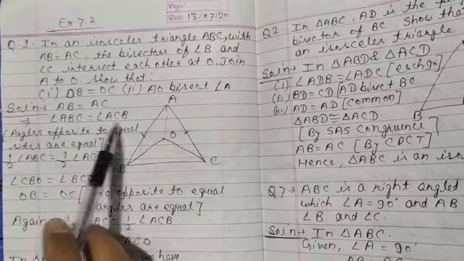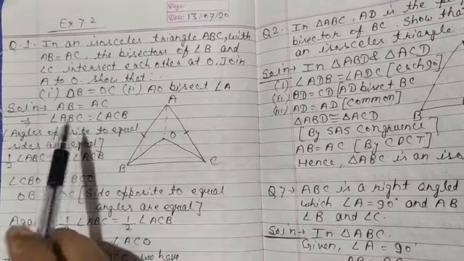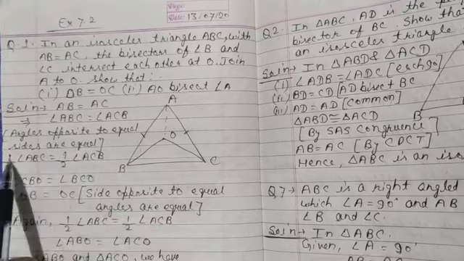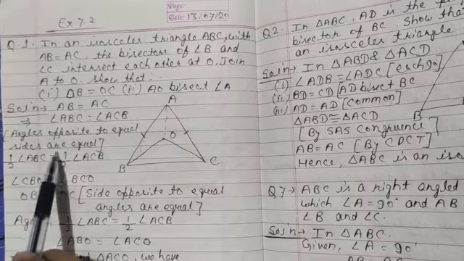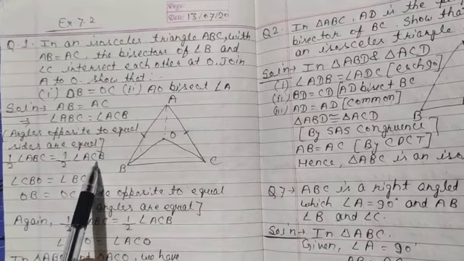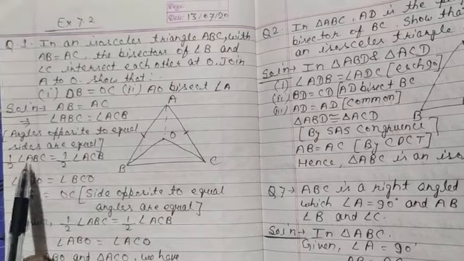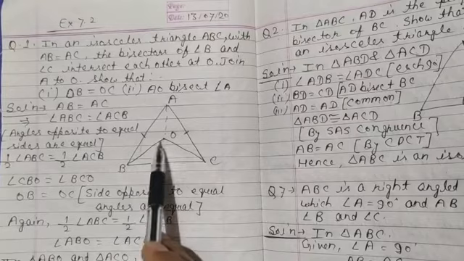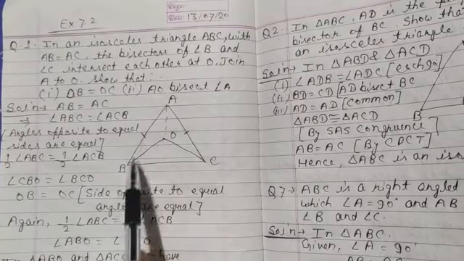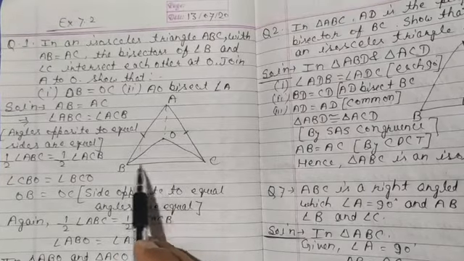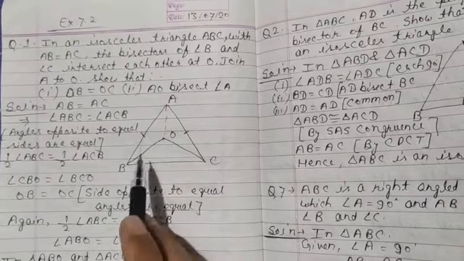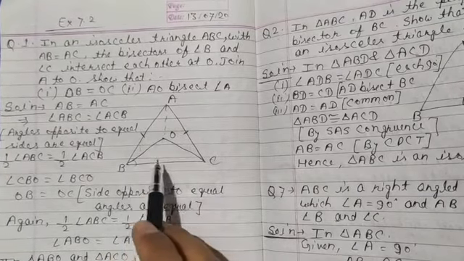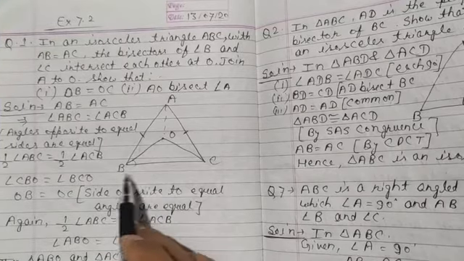These two angles are equal, so their halves are also equal. So 1/2 angle ABC is equal to 1/2 angle ACB. OB is the bisector of angle ABC, and half of this angle is angle CBO.